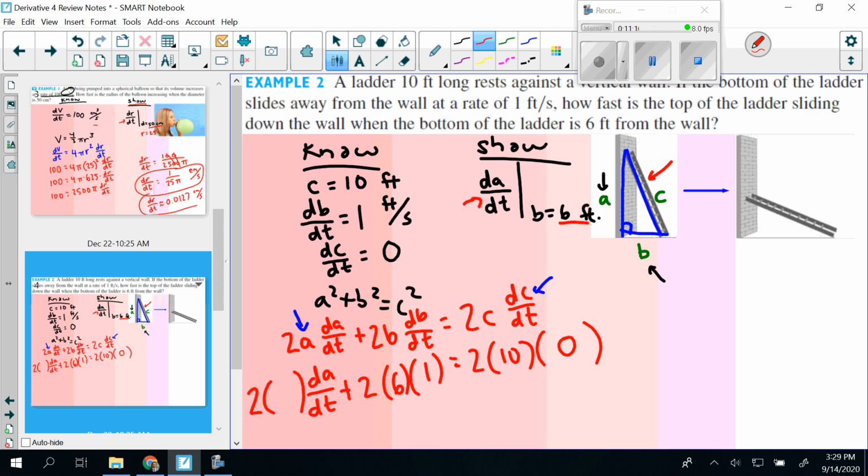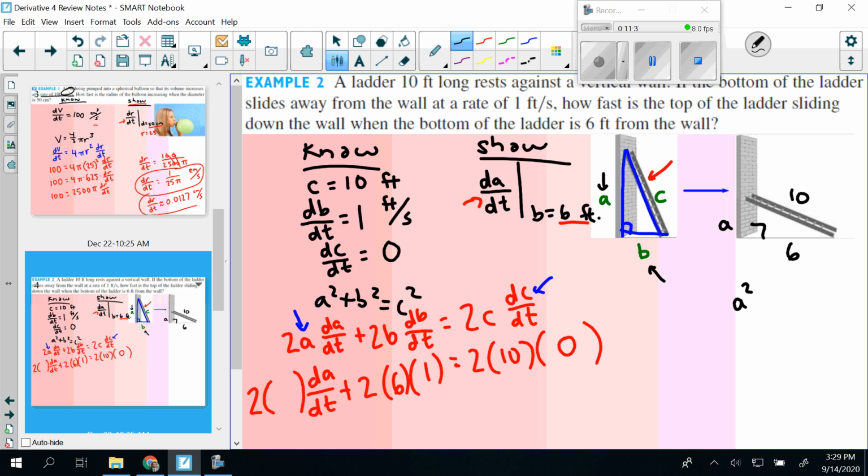A, what is A? Well, we should be able to find A, even though they didn't tell us, from what we know here. If we're trying to find out the moment it's 6 feet, when we know this is 6 on the bottom, and we know the ladder remains 10, we should be able to find this A value at that moment using, again, Pythagorean theorem.